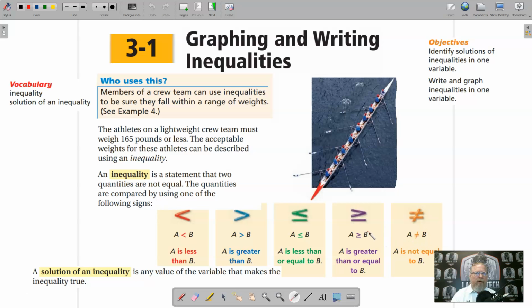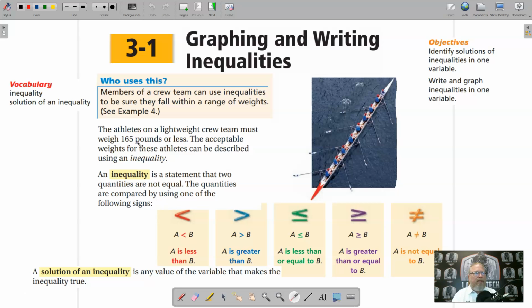Why do we need inequalities? Well, with equations, when we say that something is equal to something, it means that the one value on the left is equal to the value on the right of the equal sign. But in this example here, where the crew team must weigh 165 pounds or less, if they weighed exactly 165 pounds, that would work out because that would be 165 pounds or less, right?